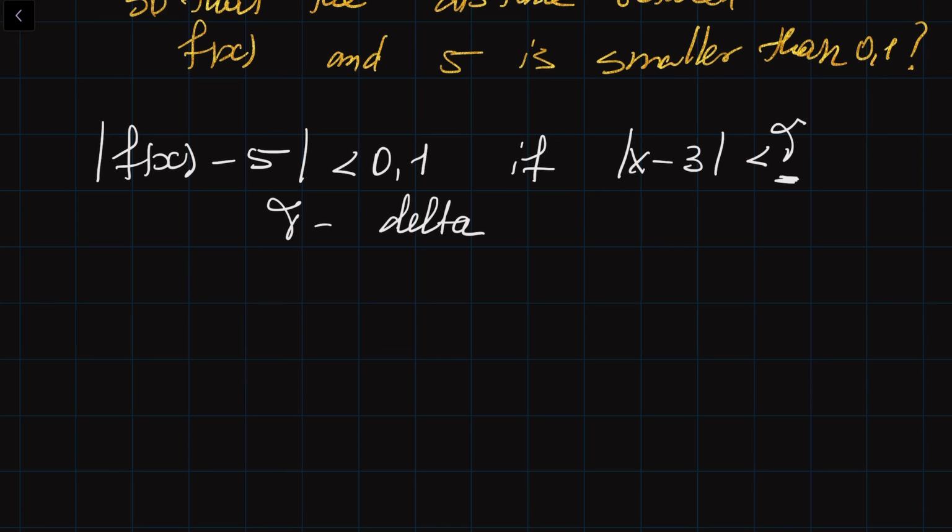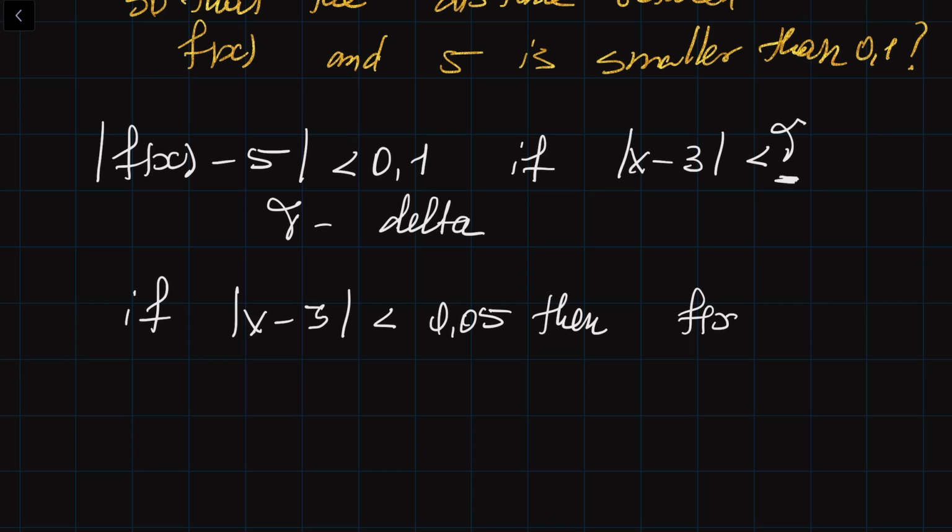So please notice that if x becomes closer to 3 within a distance smaller than 0.05, then f of x becomes closer to 5 within a distance smaller than 0.1.